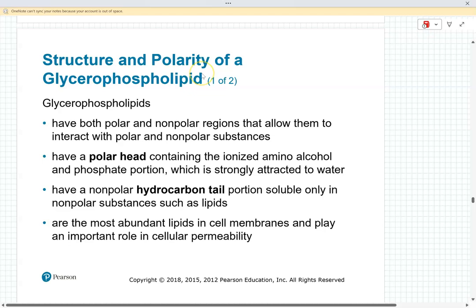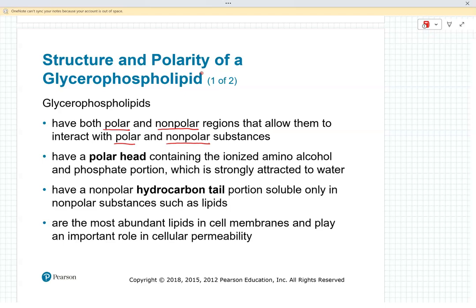So this is probably the most important idea that we're going to discuss regarding glycerophospholipids: that they contain both polar and non-polar regions. There's a polar region that can interact with polar substances such as water, and then there is a non-polar region that interacts with non-polar substances.